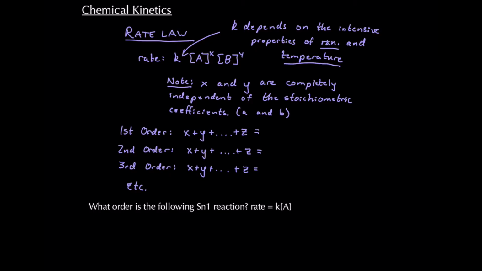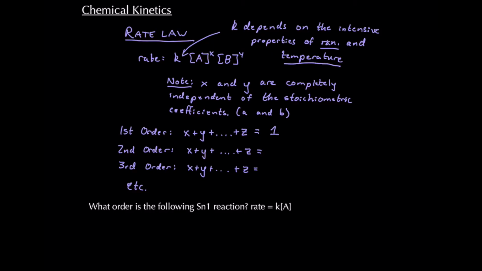Now we can label reactions in different ways depending on the sum of x and y, and perhaps even z if it depends on a third reactant. And we can label them based on these things called order. So a first order reaction has the sum of the exponents in the rate law add up to 1.